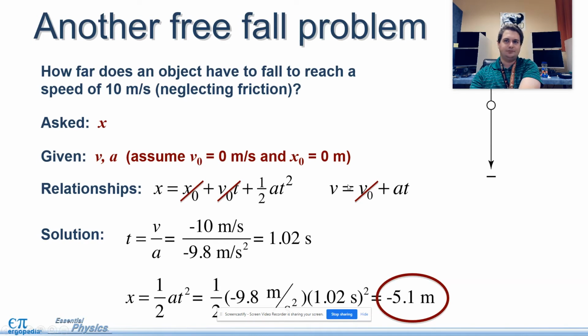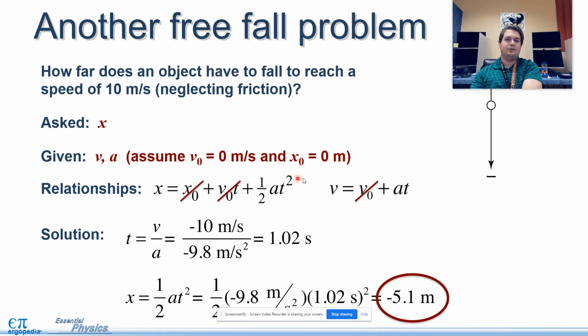If we plug that in, negative 10 equals negative 9.8 times t. You divide by acceleration to get t by itself. So negative 10 divided by negative 9.8 is 1.02. That time we will now plug into this equation here.